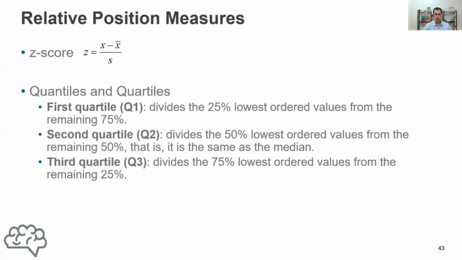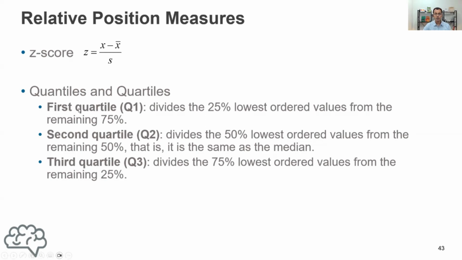In the previous class, we used the quartiles to calculate the interquartile range and the semi-interquartile range as measures of the spread or dispersion of a distribution. Here, we are going to look at the quartiles as measures for us to situate the relative position of a given value in relation to the whole distribution.